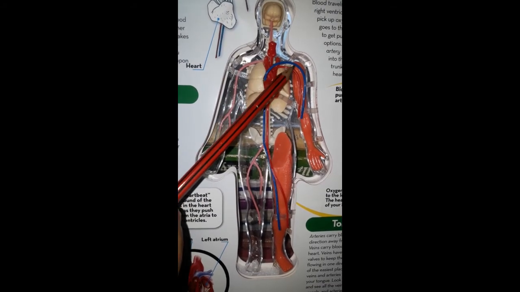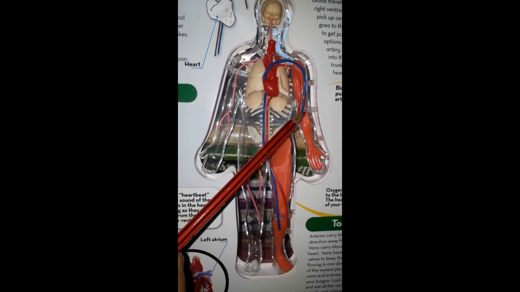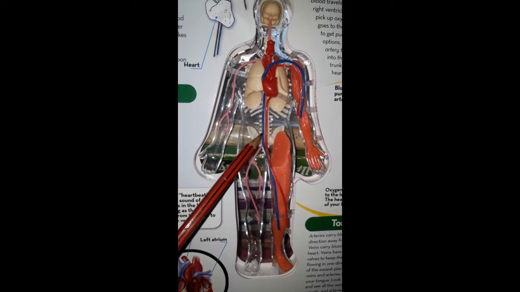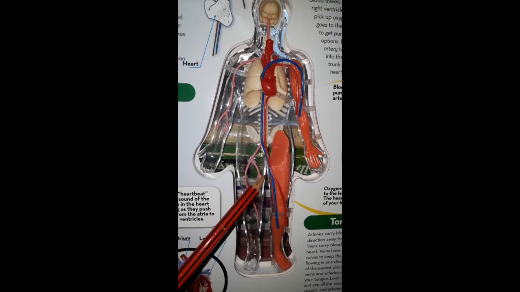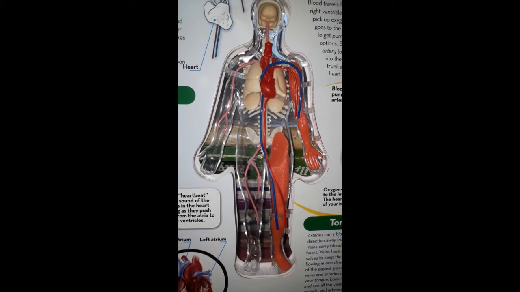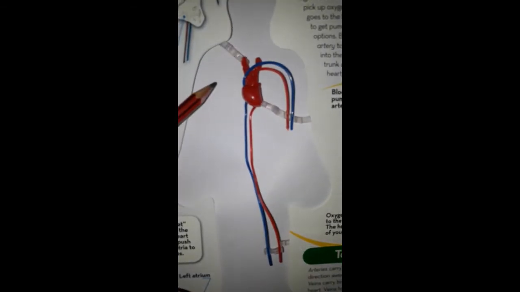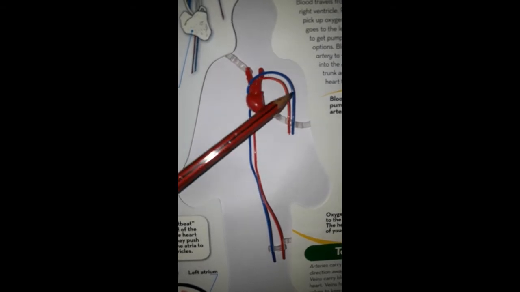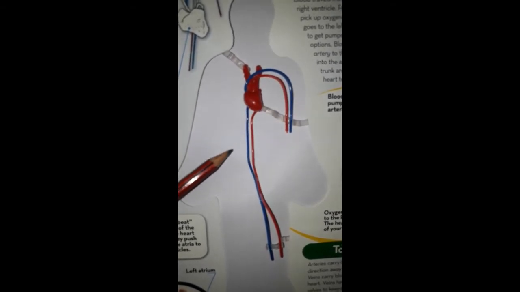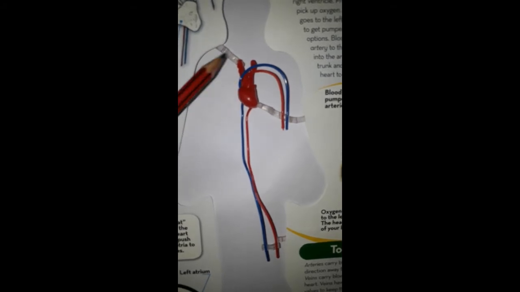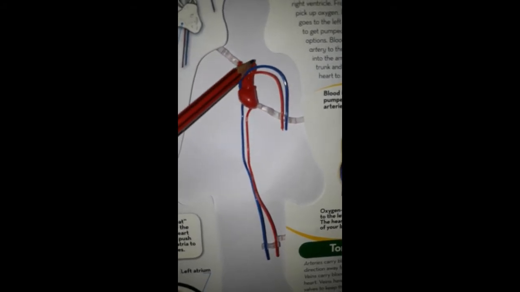Now the blue color you are seeing here is the vein, and the red color is the artery, which carry the deoxygenated and oxygenated blood to all parts of the body. Now you can clearly see the heart and the blood vessels coming out of it.